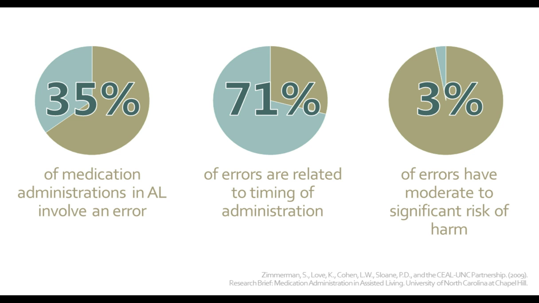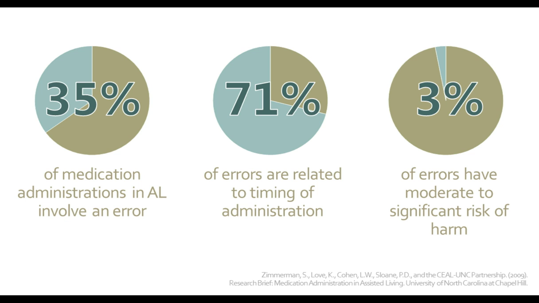But if you take away the errors related to time, and I think there's some things we can do to control for that are relatively simple and low cost to us from an operational standpoint. Only 3% of errors in assisted living are shown to have moderate or significant risk of harm to the resident, which is not to suggest that any error is acceptable.